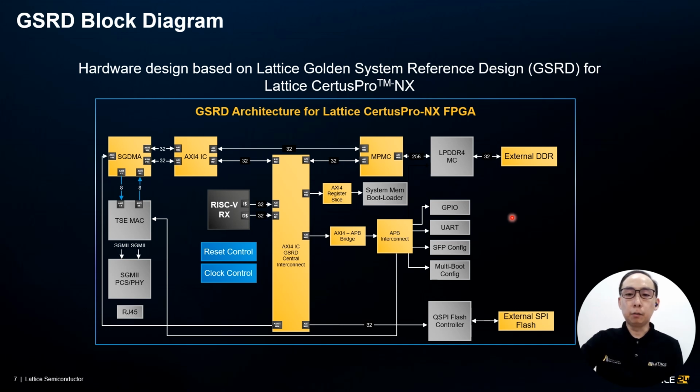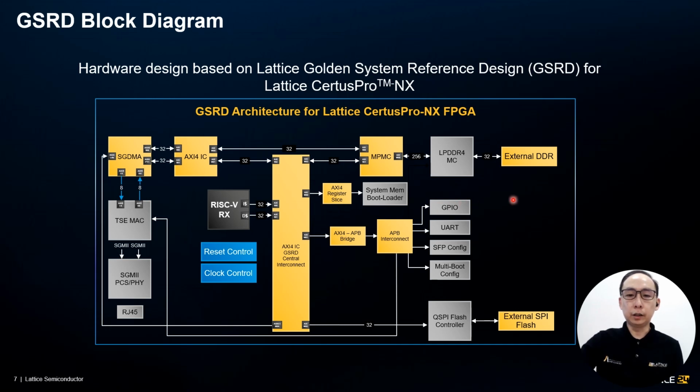And for non-volatile memory, the GSRD also offers the quad SPI flash-based controller that can communicate with the external flash device. For Ethernet communications, there is the TSE, or Triple Speed Ethernet MAC, and the SGMII PHY for Ethernet. The scatter-gather DMA is used to transfer data between Ethernet and the memory.